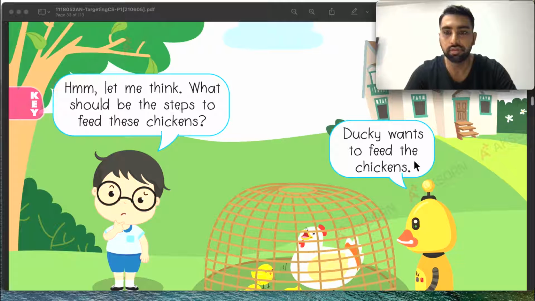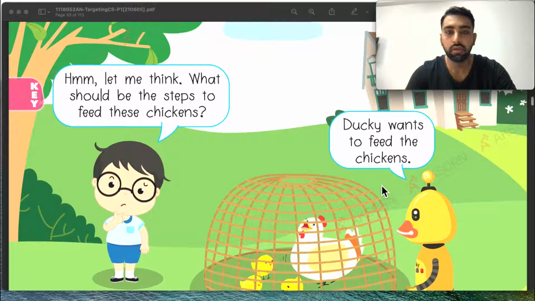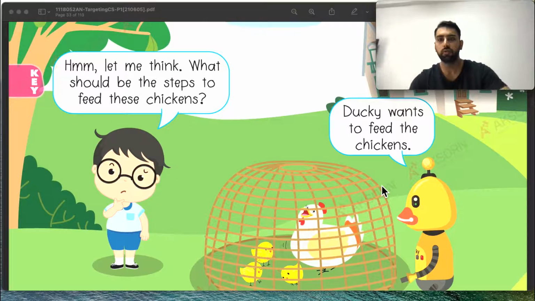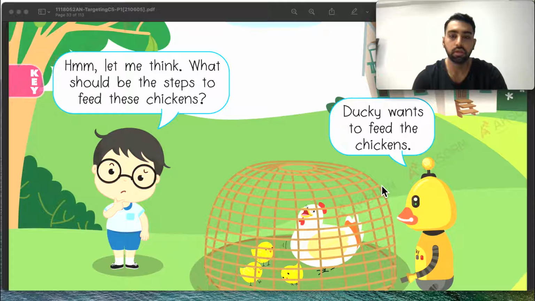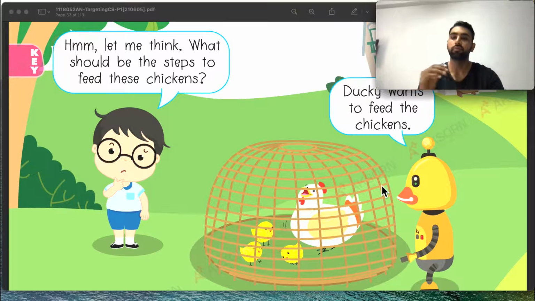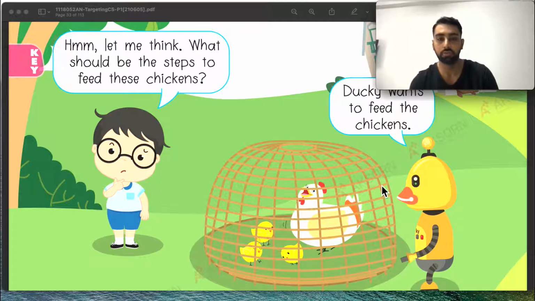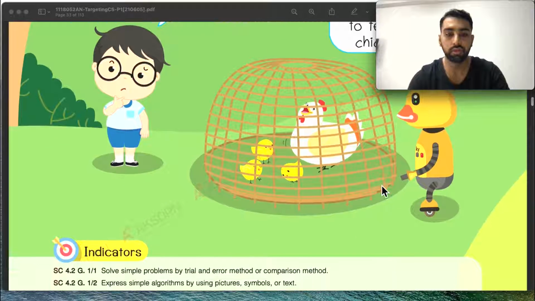Ducky wants to give food to the chicken. So he's thinking about how he can give food to the chicken. We have to find the way to solve this problem. How can we solve this problem? By using step 1, step 2, step 3. Alright, let's see how we can start.